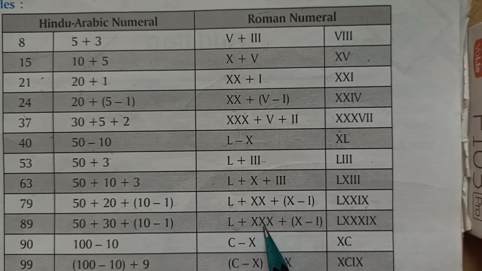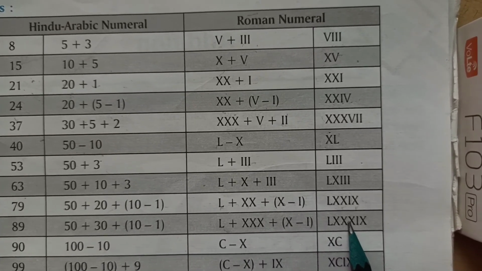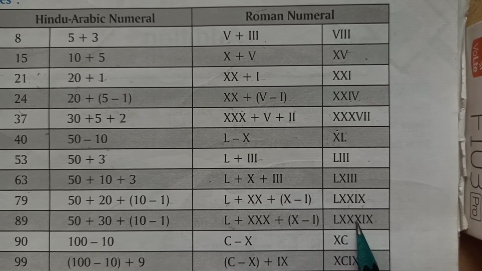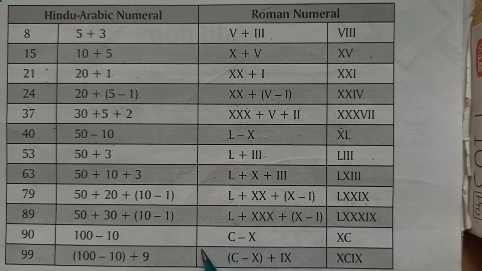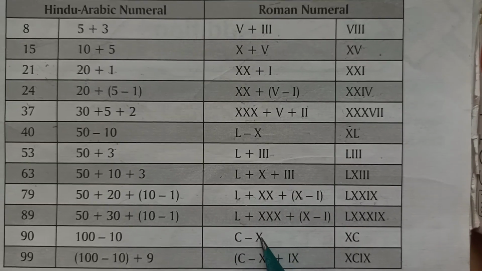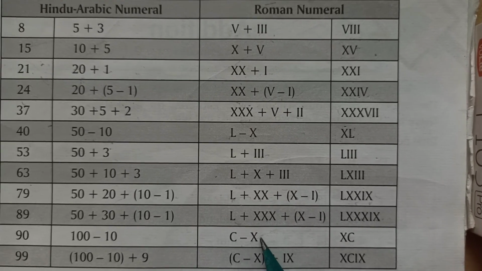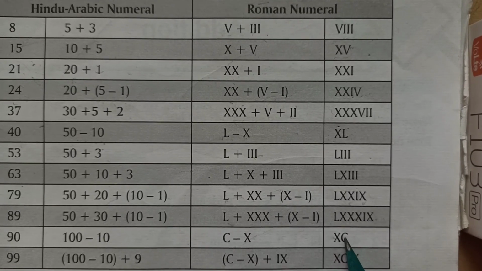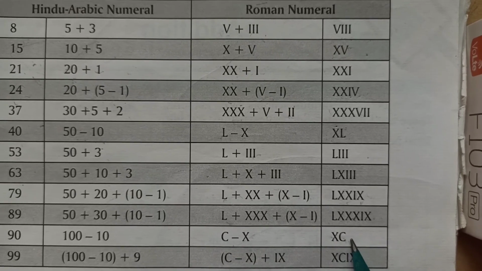L plus 3 times X plus X minus I, which shows L, 3 times X, IX means 9. L is 50, 3 times X is 80 and IX is 9. So 89. Also we have 90. How should we show 90? 100 minus 10, and 100 is denoted by C, and 10 means X. X, which is of smaller value, is subtracted from the greater value C, which is 100. 100 minus 10 becomes 90.